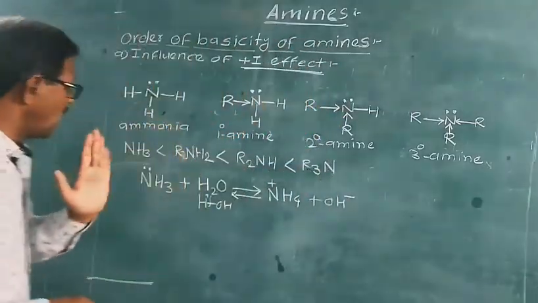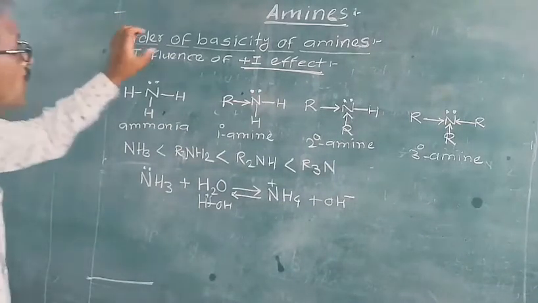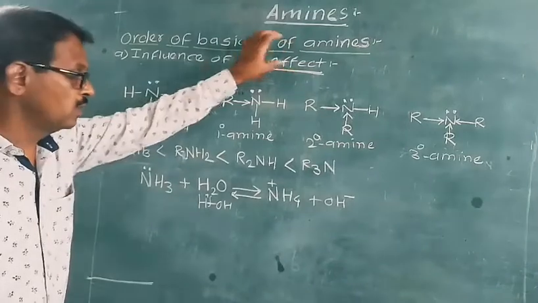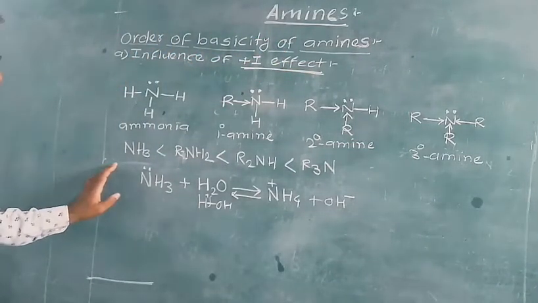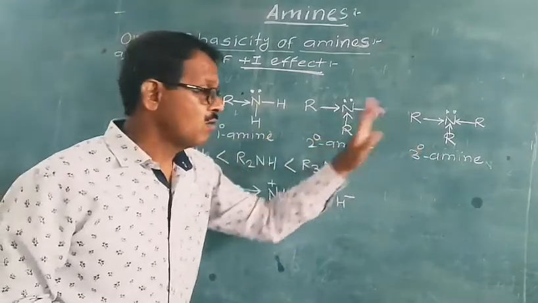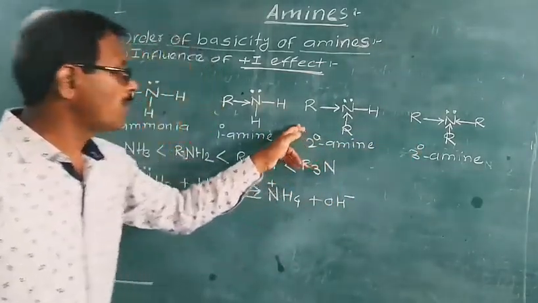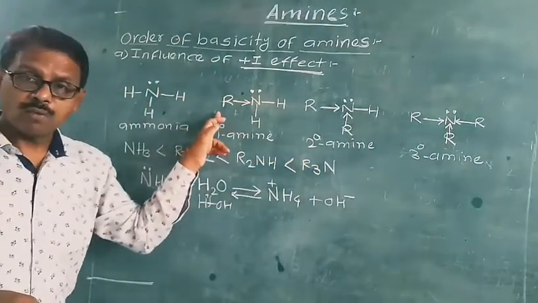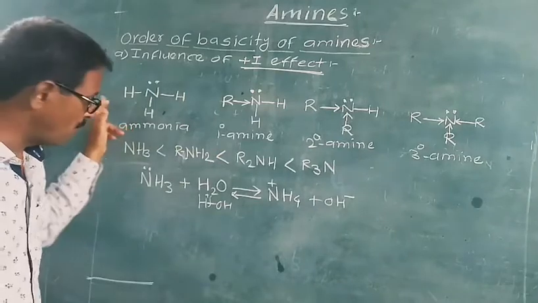Therefore, from this influence of positive inductive effect, the order of basicity of amines is like this. Tertiary amines are more basic than secondary amines. Secondary amines are more basic than primary amines, and primary amines are more basic than ammonia.